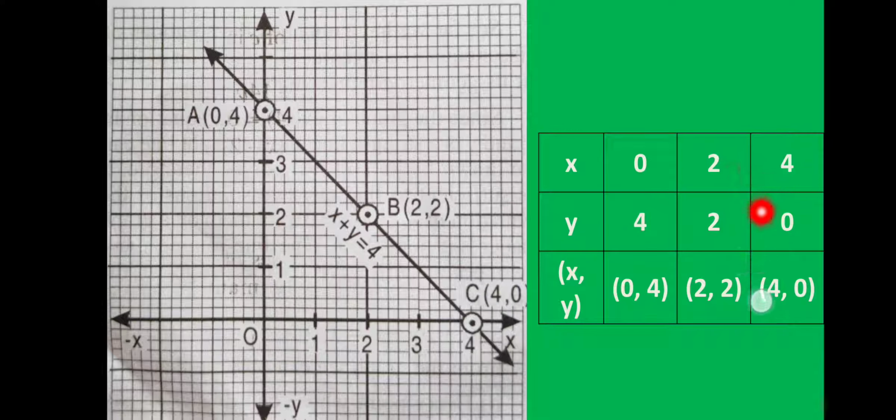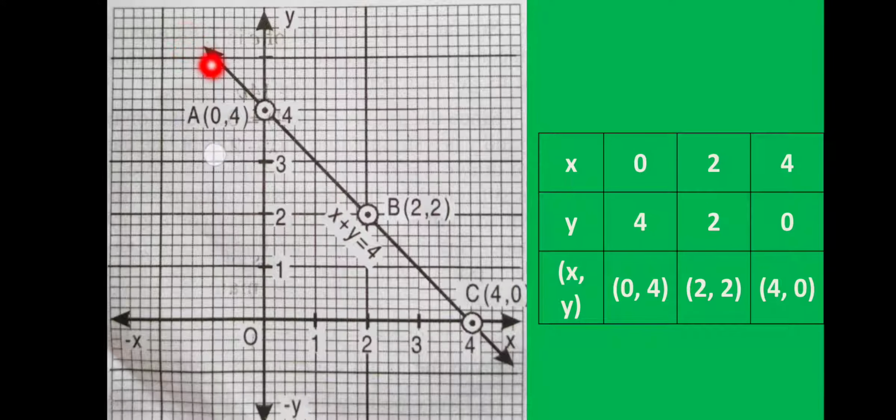The next point is 4 comma 0. Firstly we will find 4 on the x-axis, that is here. Then y is 0, so 0 is on this line, so our point comes here, that is C, 4 comma 0.